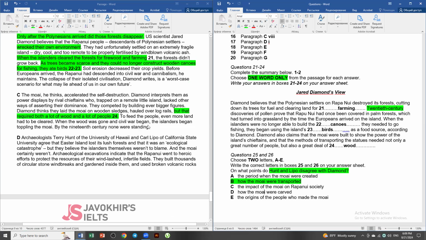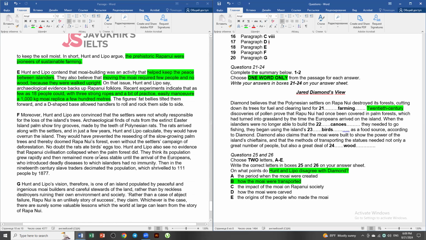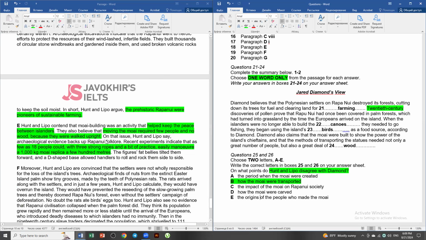When the wood has gone, civil war began. The islanders began toppling the Moai. However, what does the paragraph be about? But I think like the impact of the Moai on the Rapa Nui society, because there's nothing else yet. However, I'm not going to highlight that just yet.